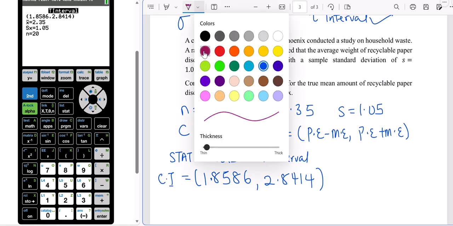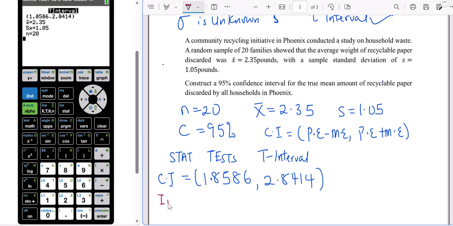What if I tell you to interpret your interval? To interpret this, you come back to your question. We are 95% confident.